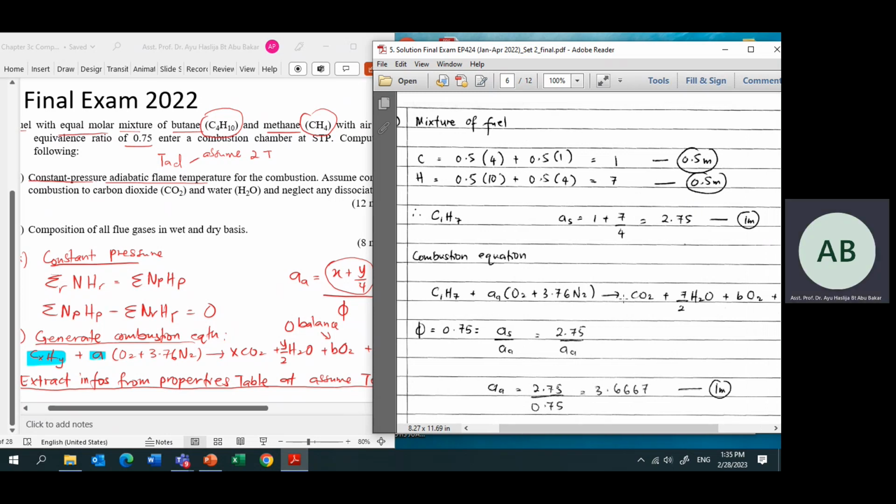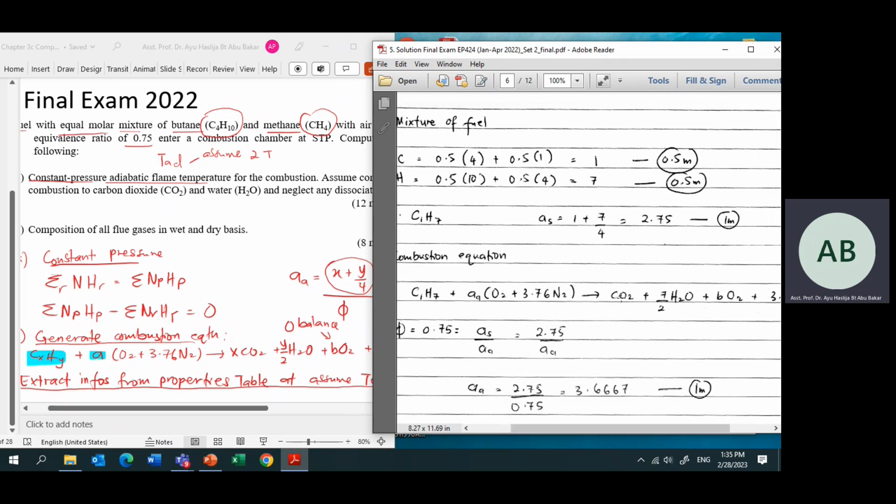Because from here you need to generate how many CO2 produced, how many H2O produced, and then find the B, mole of oxygen, from the balance. Okay, so from here, you can find the A actual using the equivalence ratio.